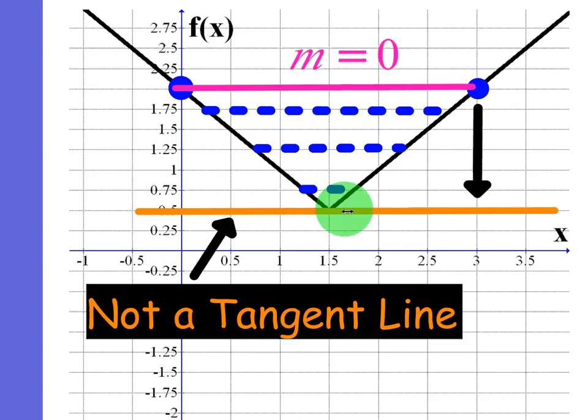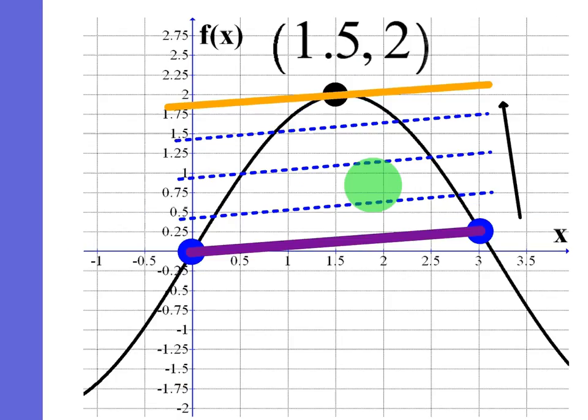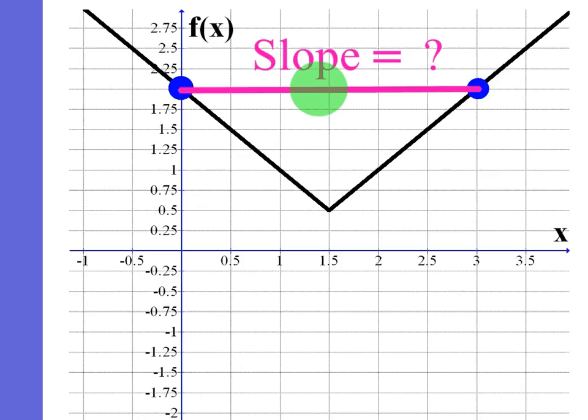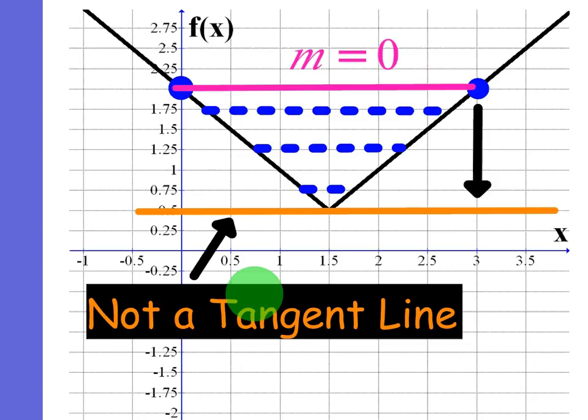Right here is not a tangent line because it doesn't follow the same slope of the graph. At the V, at the point, we know there is no tangent line. The answer is no. So what was the difference? Well, why could we find one for this graph, but we couldn't find one for this graph? Be thinking about that. You might want to pause the video and then come back.